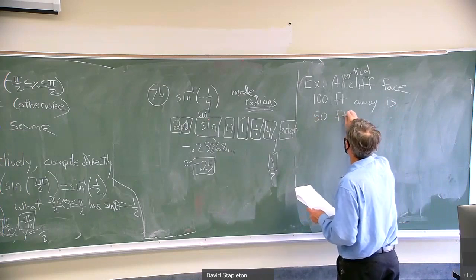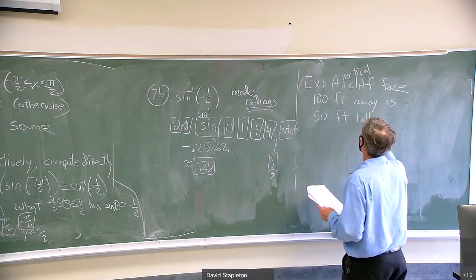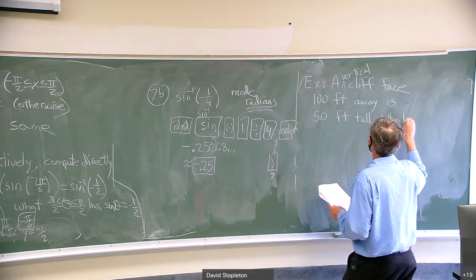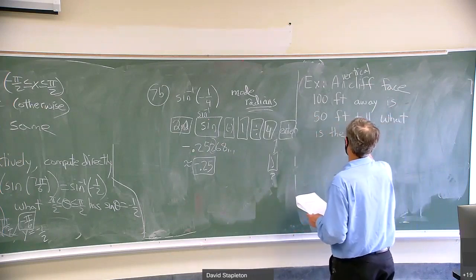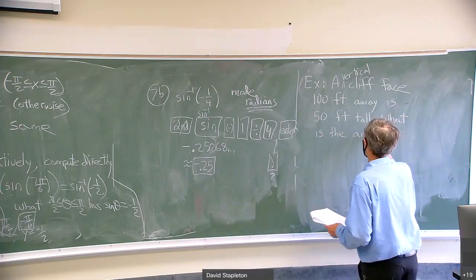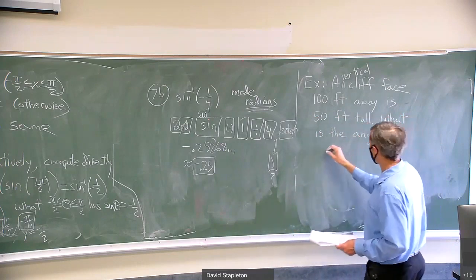What is the angle of elevation to the top of the cliff? This is similar to number 8, different sides of the triangle.